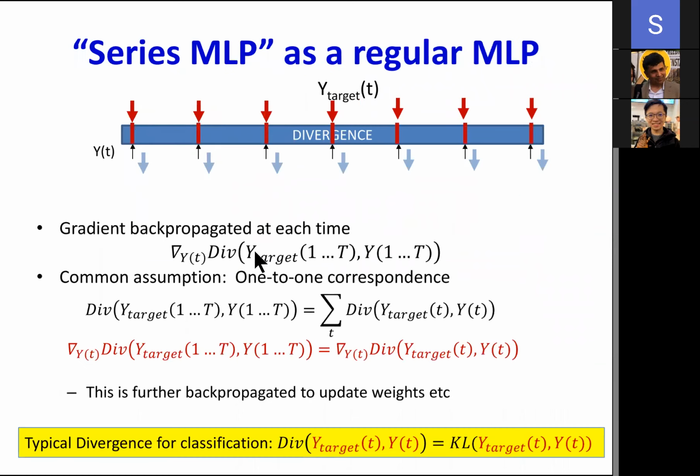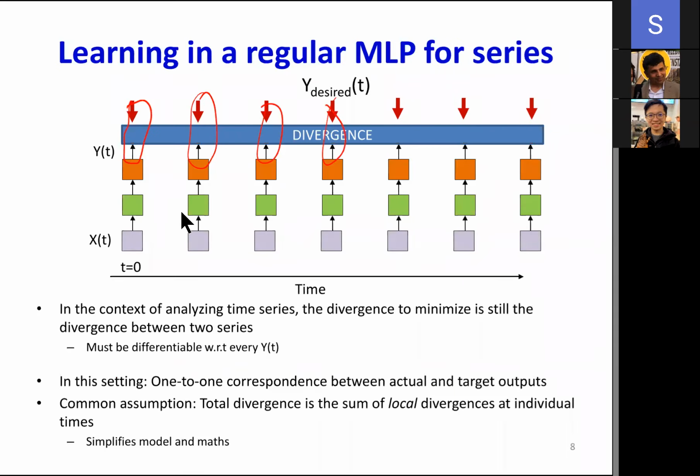So in this case, here's what would happen. You would have a divergence which is defined between the target sequence and the actual sequence. And of course, you're assuming a one-to-one correspondence between the target and the output, because that's what this model really means. And so when you're doing back propagation, remember, to perform back propagation, you would need the derivative of the divergence with respect to each of these outputs.